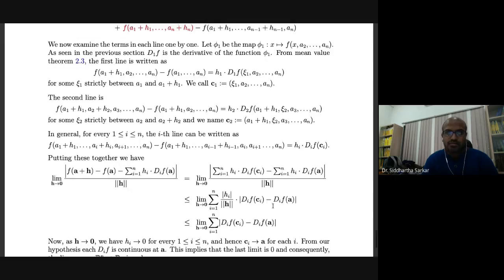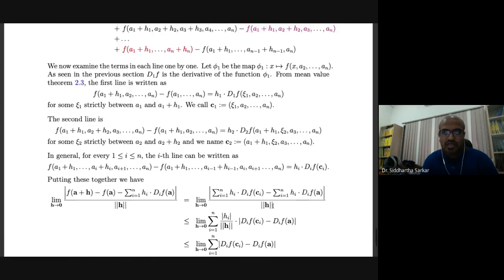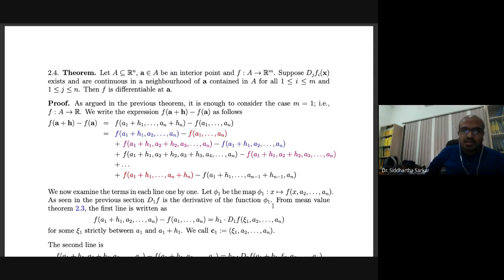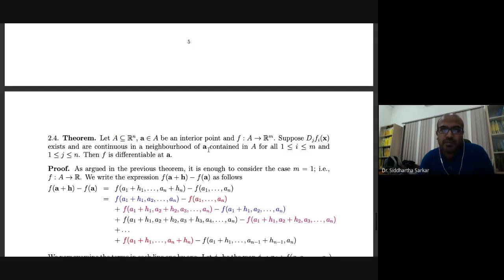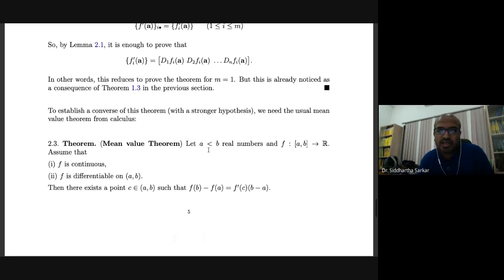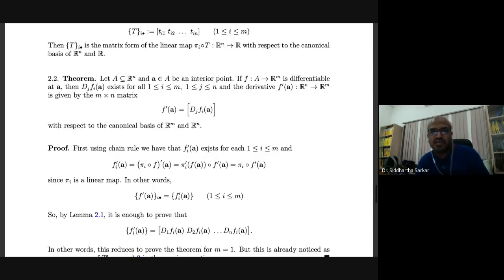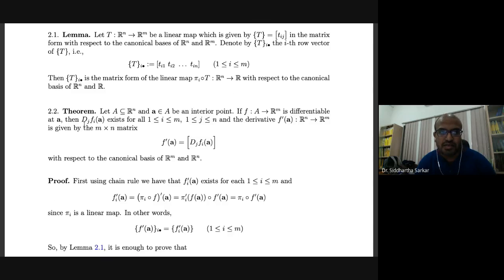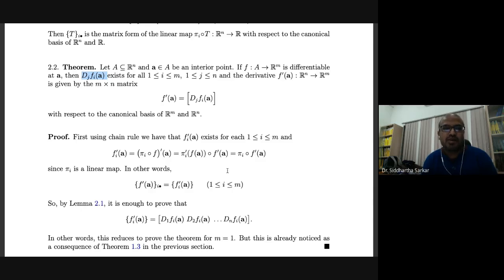So far, what you have got is one of the important conclusions. It says that as a necessary condition for the existence of the derivative, all the partial derivatives of all the component functions should exist at that particular point. And if you want some kind of converse to this, the existence of those partial derivatives is not going to be enough.